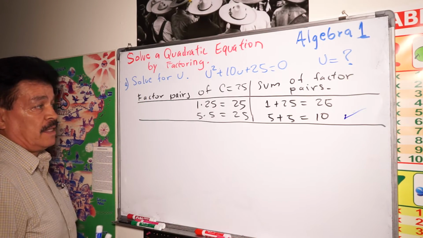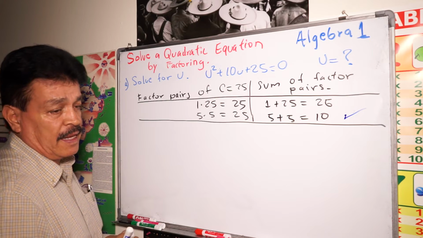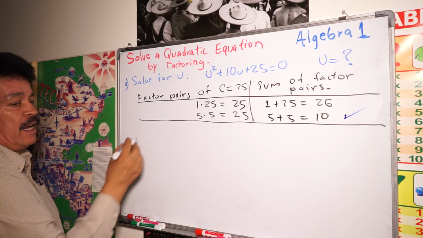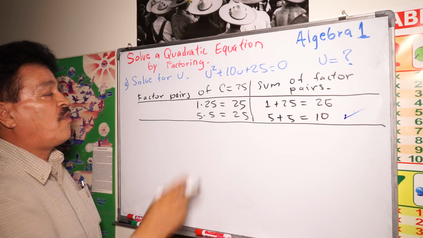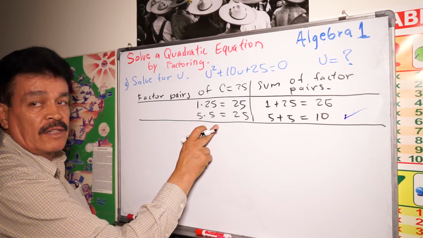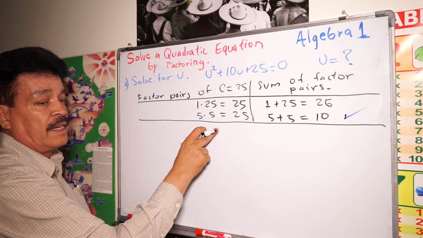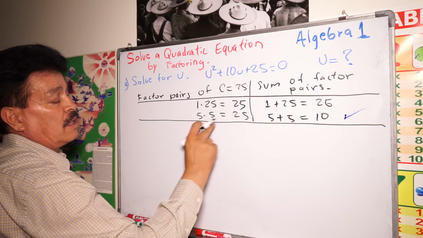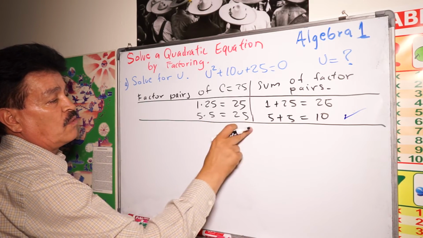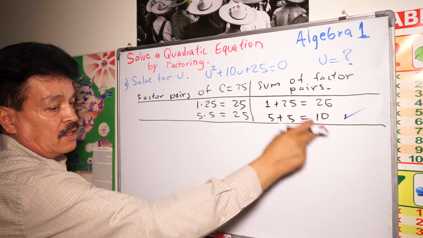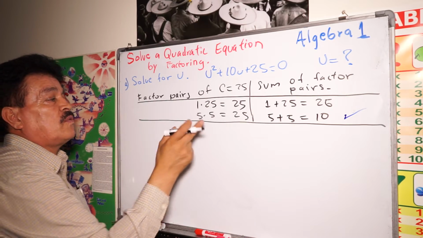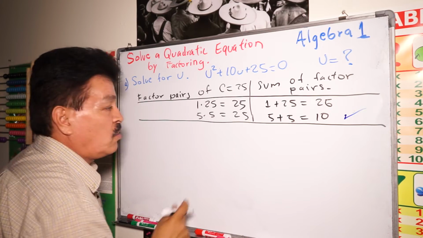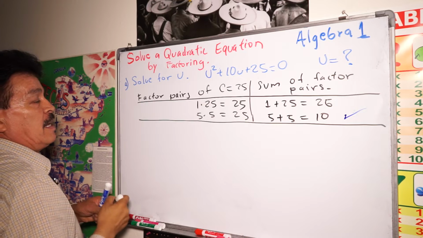So that's the first step to solve the problem. Now we have the factors 5 and 5. When you add these two factors, the sum is 10. So this is fine. Use these factors to factor our equation.